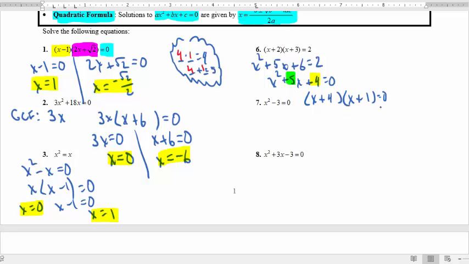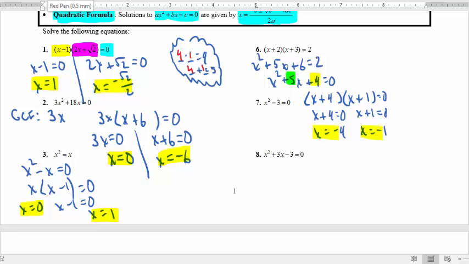So x plus 4 times x plus 1 equals 0. And then again, what we did before, set these each equal to 0. So we'd end up with x equals negative 4, x equals negative 1. And there's our solutions, right? So that wasn't terrible.